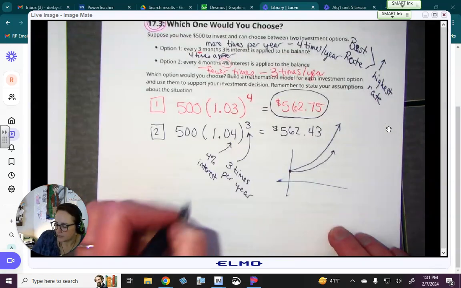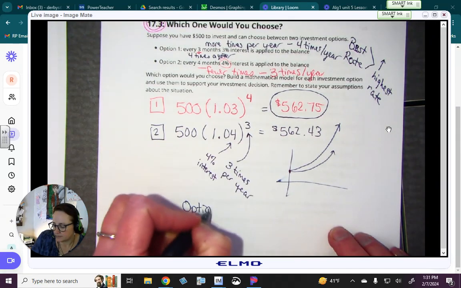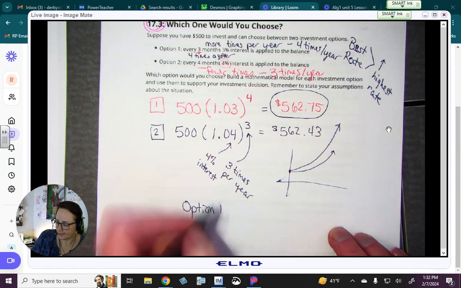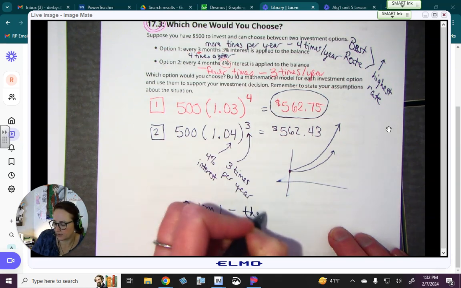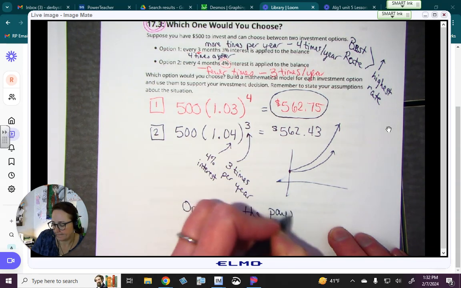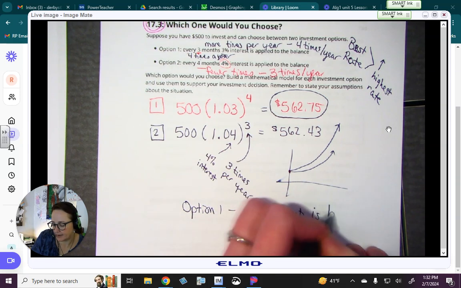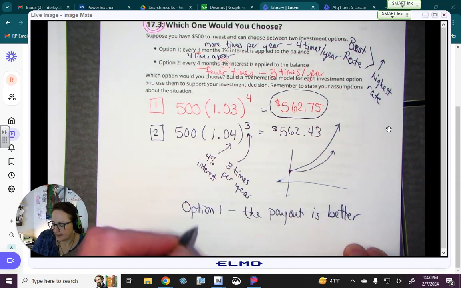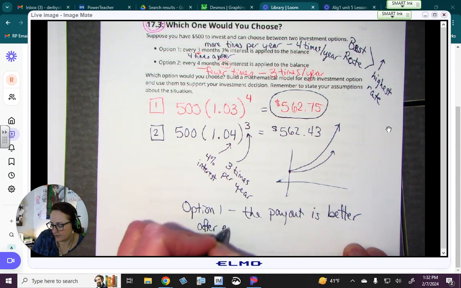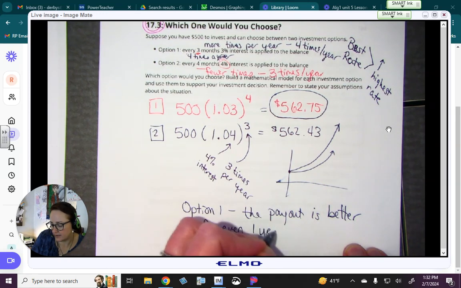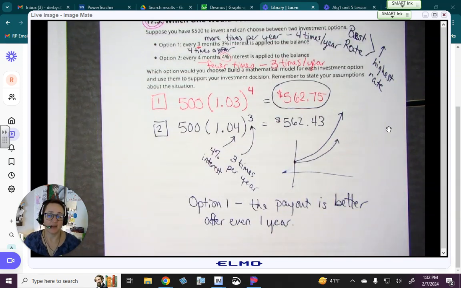So we should say option 1: the payout is better after even 1 year of time, and it will continually be better and better.